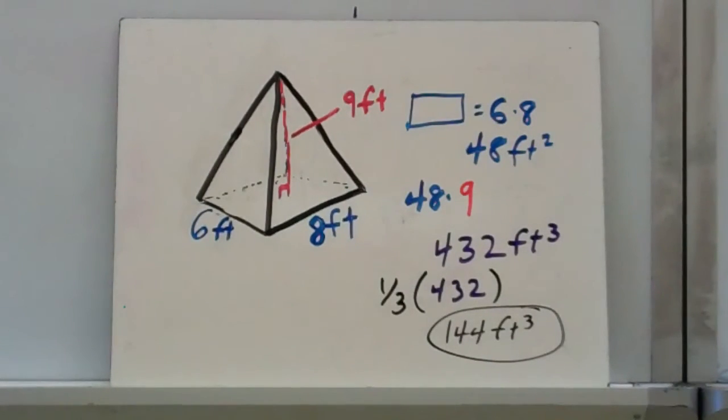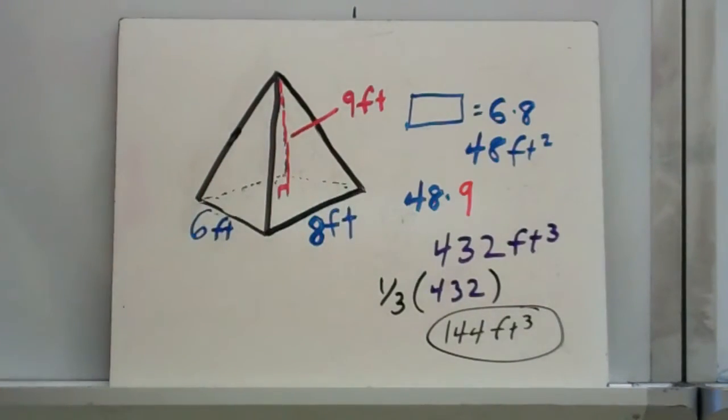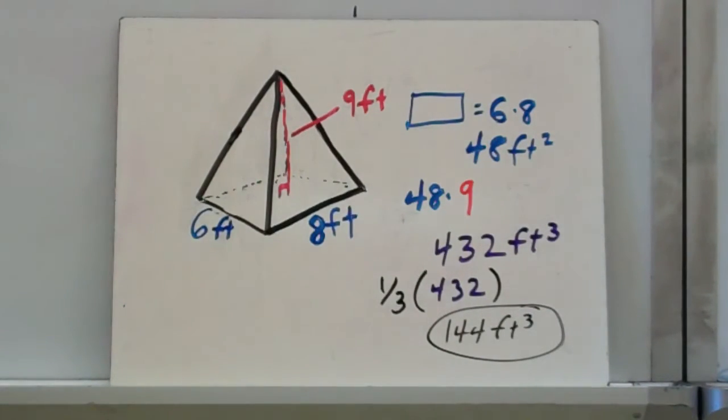And then we take 48 and multiply that by 9, which is the height of the pyramid, and we get 432 feet cubed. From there, we need to find 1/3 of that. So we can multiply 432 by 1/3, or divide 432 by 3. Either way, we're going to come up with 144 feet cubed.